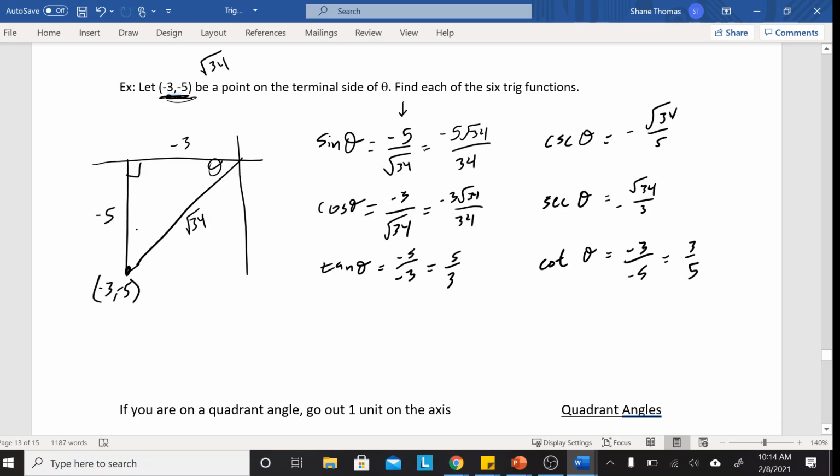Okay, so if I want to find the sine of theta, sine is going to be opposite, which is -5, over hypotenuse, which is √34. Exactly what I had by the definition. Cosine is adjacent over hypotenuse. Adjacent is -3. Hypotenuse is √34. Same exact thing I have there.